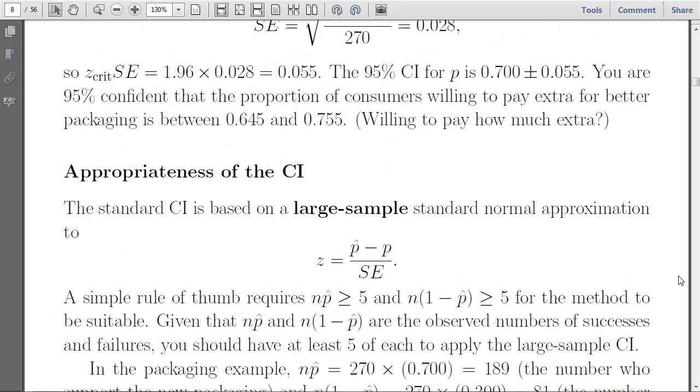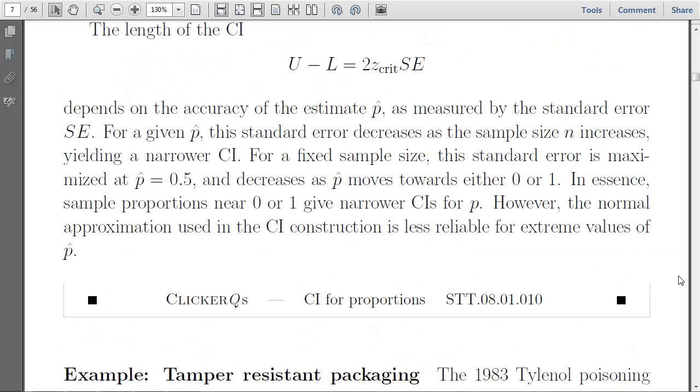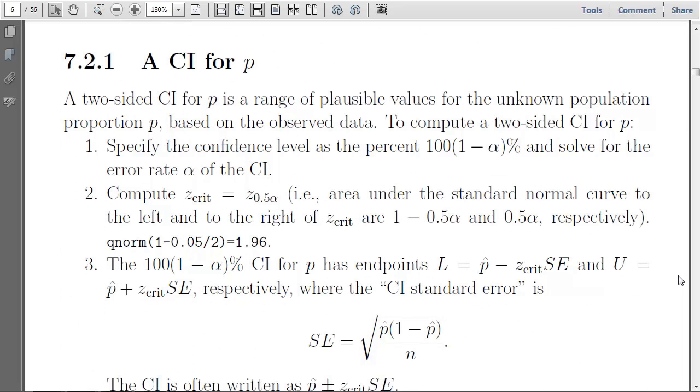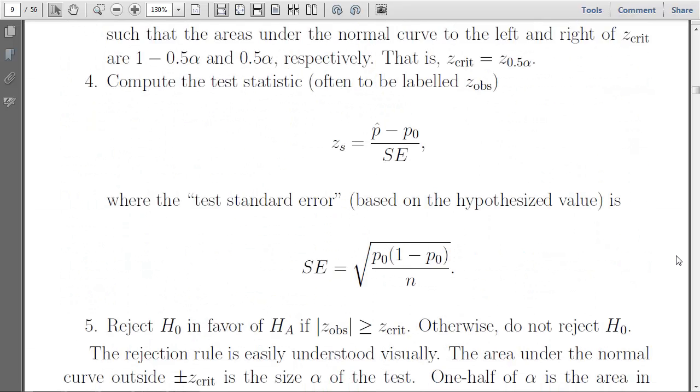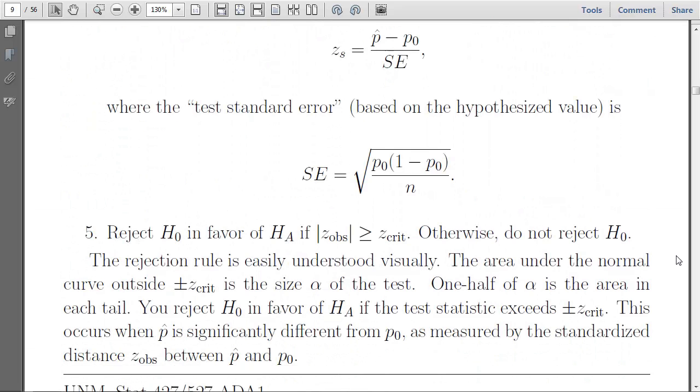If I page up for a moment, when we calculated our confidence interval, we used our estimate with a confidence interval because we didn't have a hypothesis. So that was our best guess for the proportion. But now if I page back down, we have a hypothesis and we're assuming it's true, so we're using that value for our standard error. Finally, we reject based on standard rules.